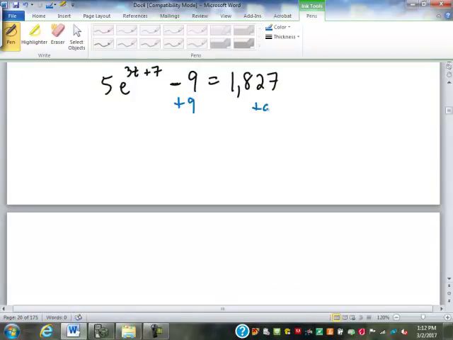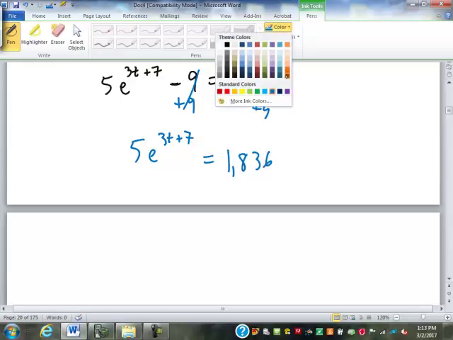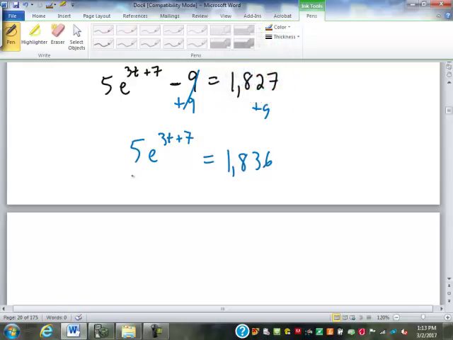Adding 9. So 5 times e to the 3t plus 7 equals 1,836. And then divide by 5. So e to the 3t plus 7 equals 367.2.